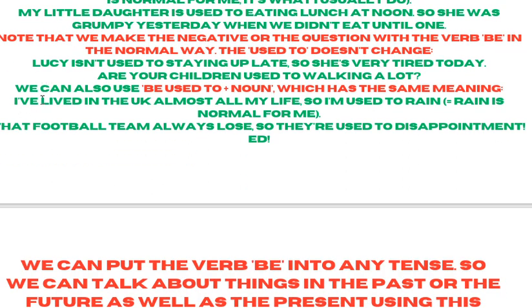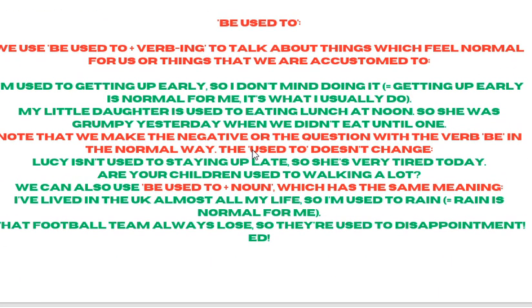And next, we can also use be used to plus a noun, which has the same meaning. I have lived in the UK almost all my life, so I am used to rain. Rain is normal for me. This person has got used to getting wet in the rain, so it has become normal for him.